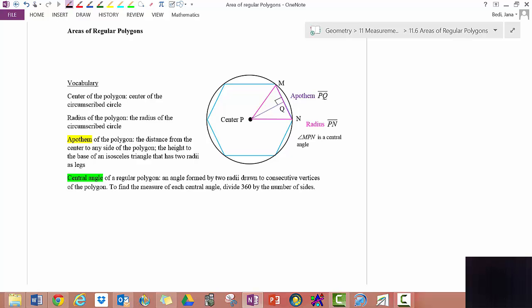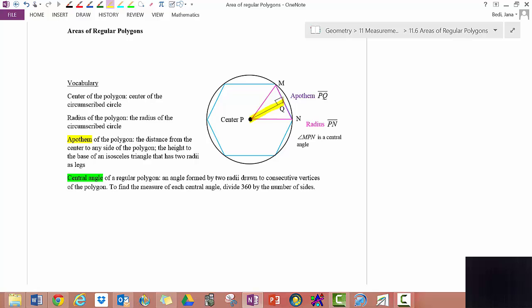New word, apothem. Okay, let me repeat that. Apothem. An apothem is the altitude of a triangle in a circle where the triangle is made up of two sides that are the radii.